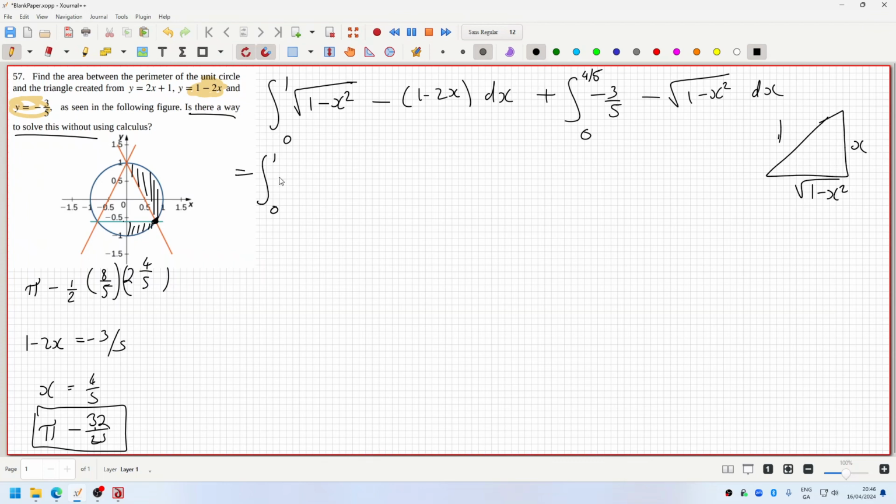This becomes cos u times dx, and you can calculate it. It'll be another cos u du. It's just like question 56.